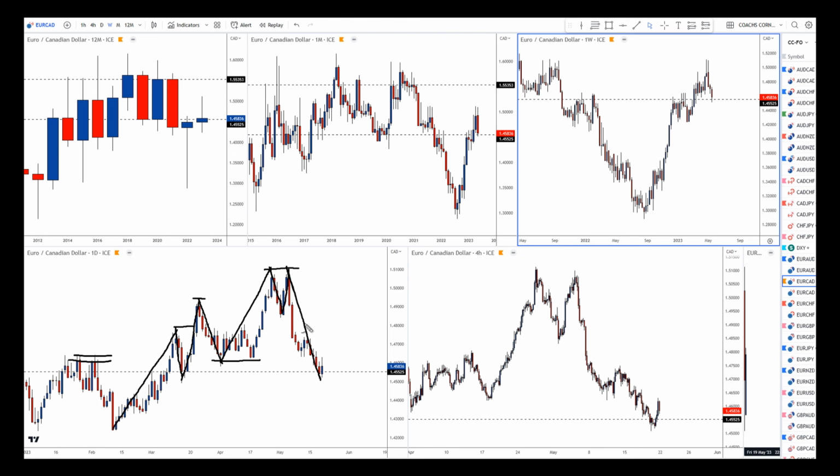Before I do this line in here, there's actually a minor swing that grabbed my attention. Okay, so we double topped, we went back, we made a minor swing, and then we did this. So we have a level that I will be watching for structure damage in order to involve myself in a potential longing opportunity.